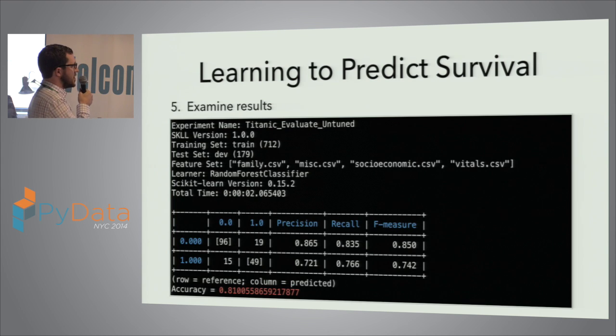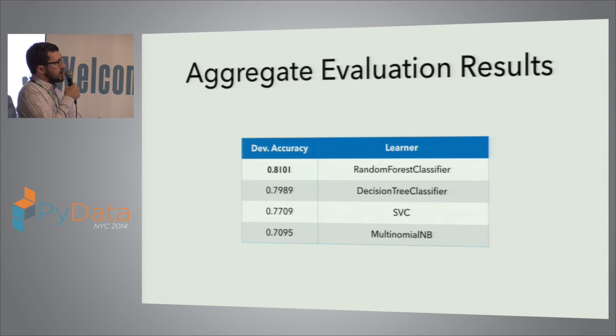So with this basic config file we created, we're getting about 81% accuracy on our little dev set that we created. So getting the results out of the summary file that I was talking about before, we can see that for this task, the random forest classifier seems to do the best, which I think is a common theme sometimes.